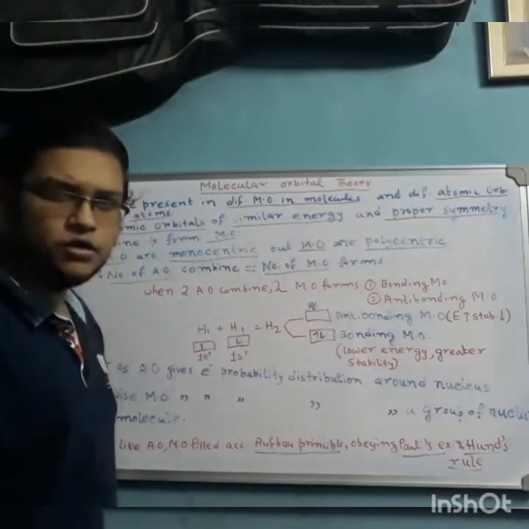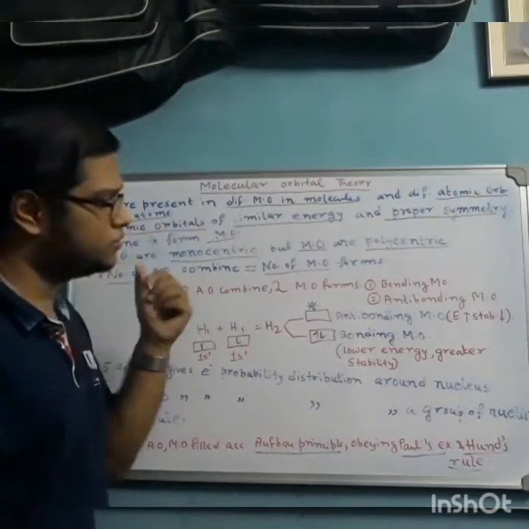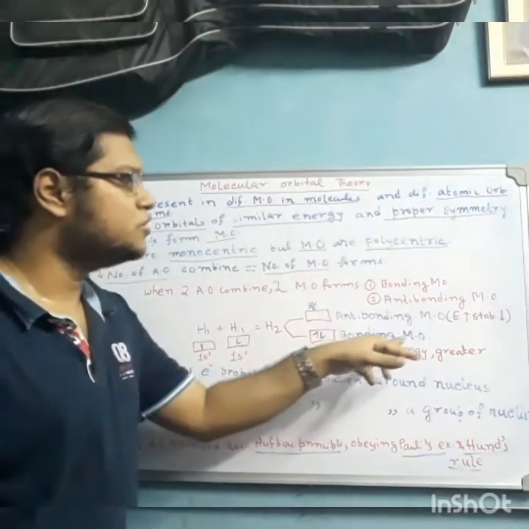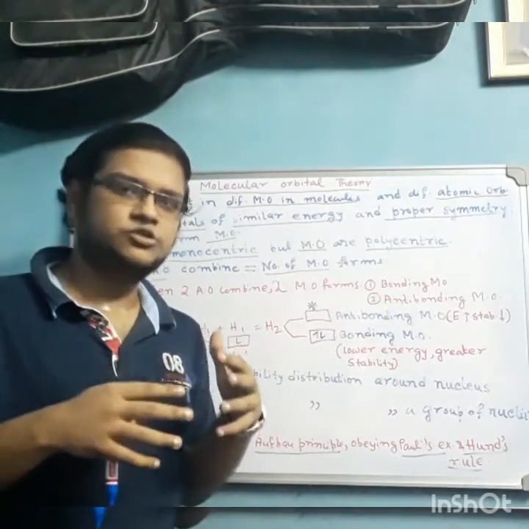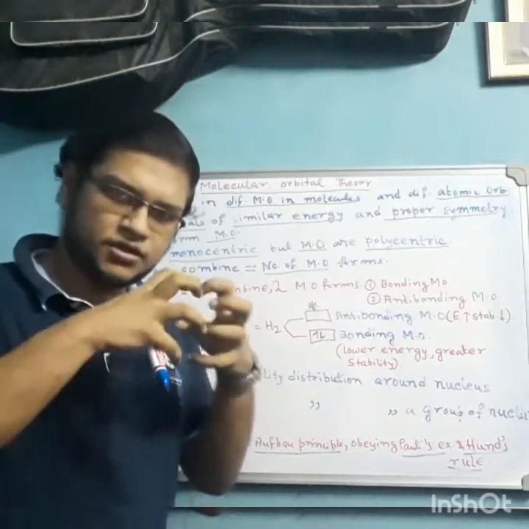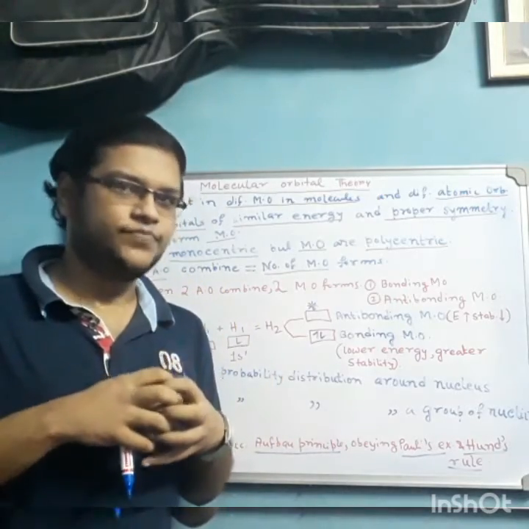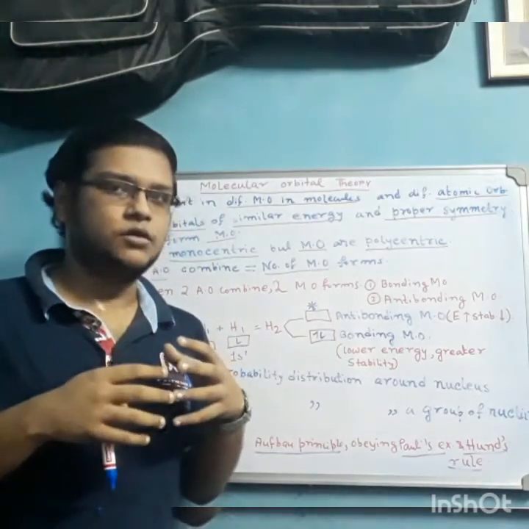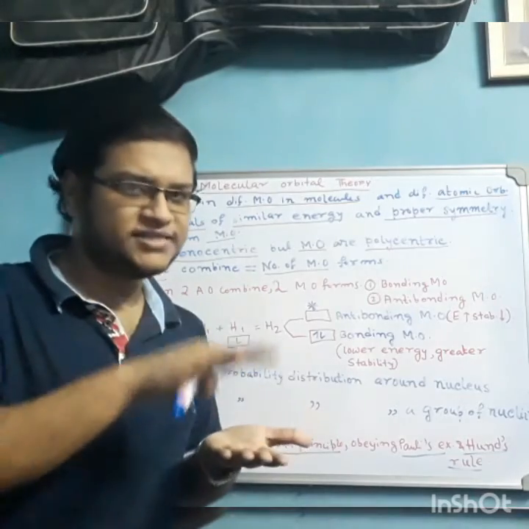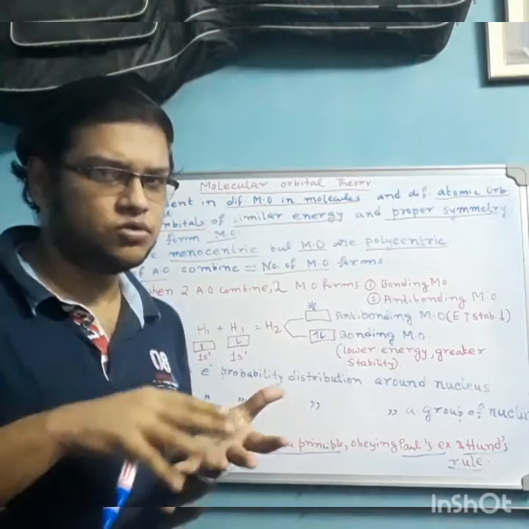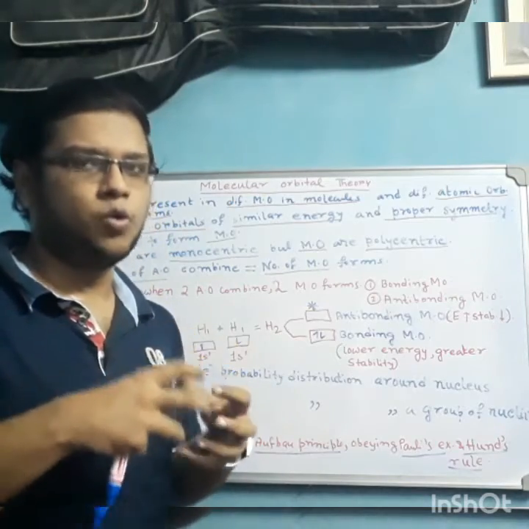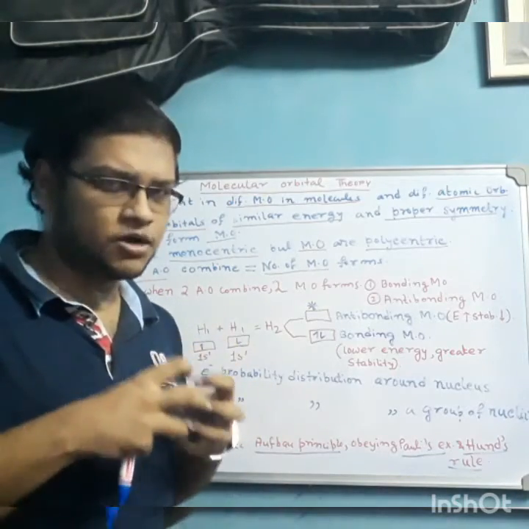And here are two important things. Bonding molecular orbitals are the orbitals which help to make the bond. Those orbitals obviously should have less energy, because bonding means the electrons or nuclei are present in such a position where the two atoms have less energy.